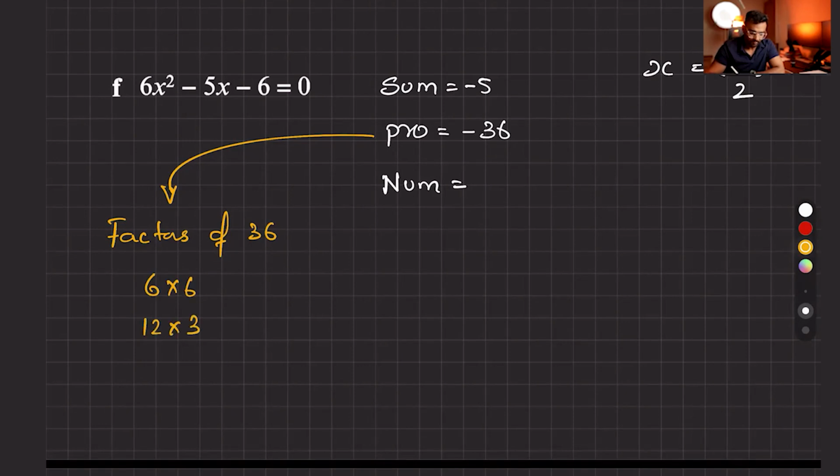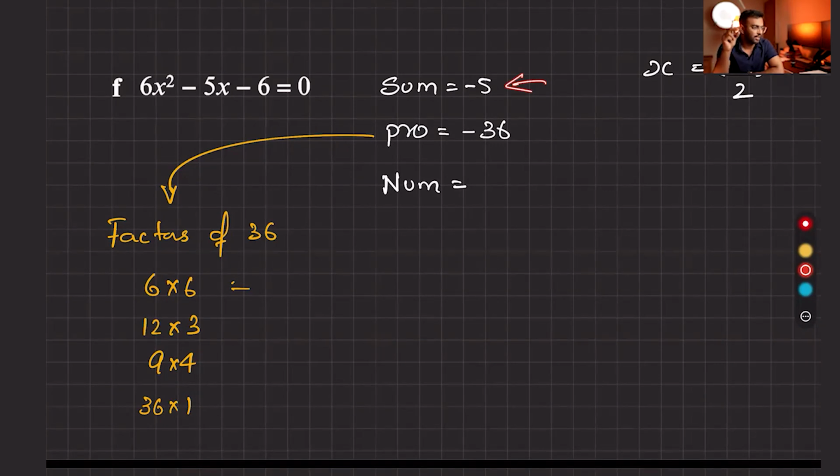What else? 9 and 4. These are the factors, correct? 9 times 4 is also 36, and 36 times 1 as well. Which of these combinations is going to give you a 5? Somehow. That's how I figure out my pair.